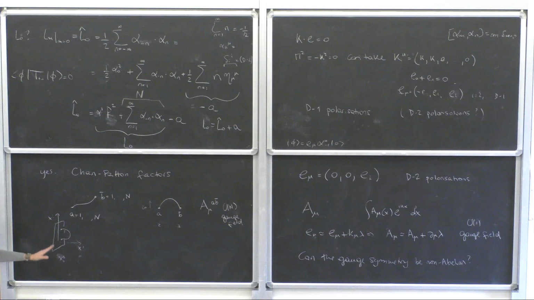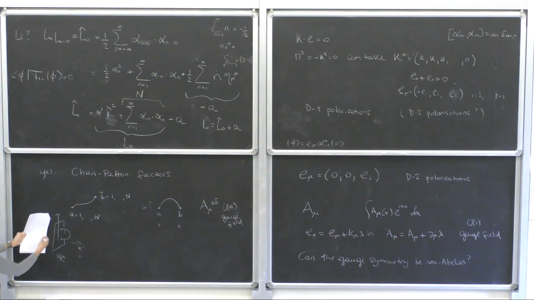I'm fixing the string to be at X01. Having Dirichlet boundary condition in one direction corresponds to having a wall that attaches the string, and that wall is precisely a D-brane.